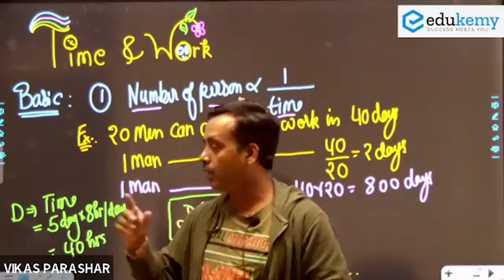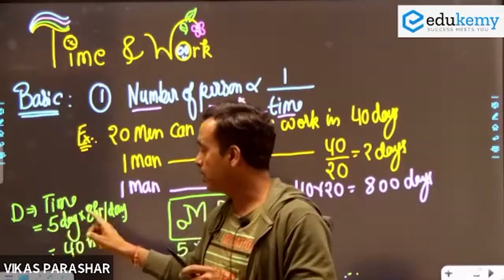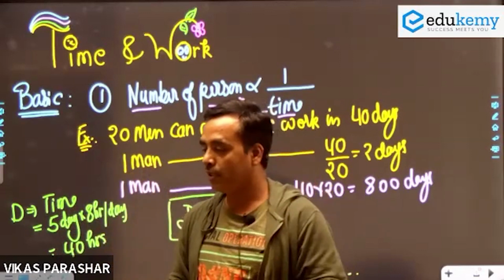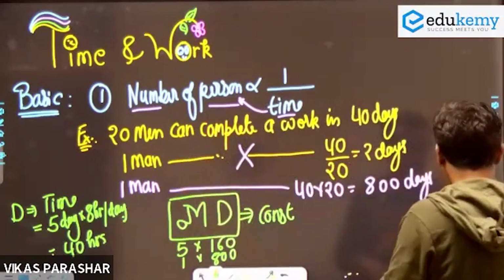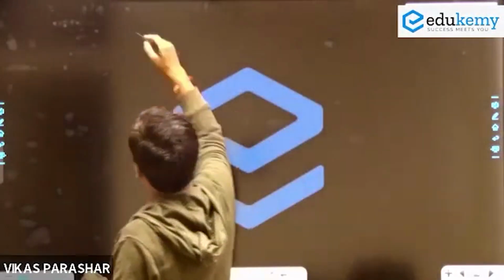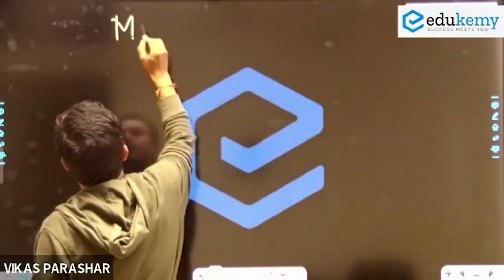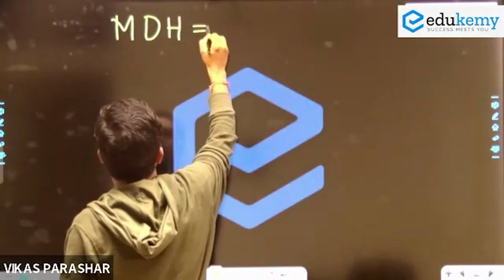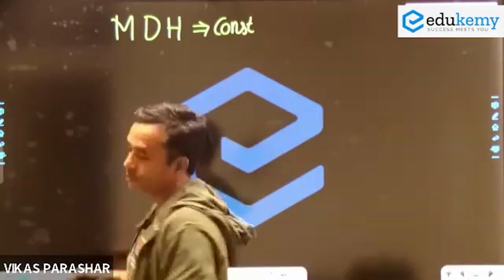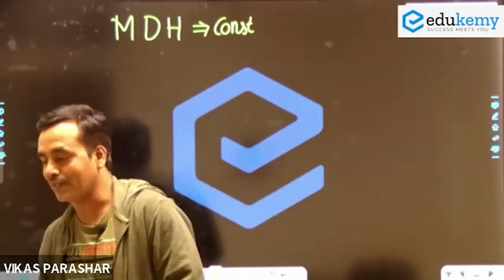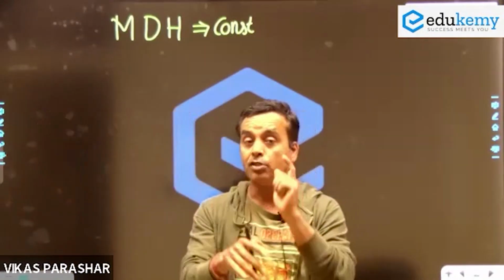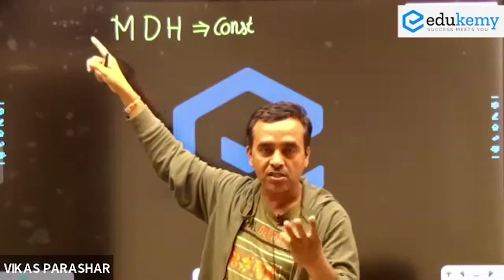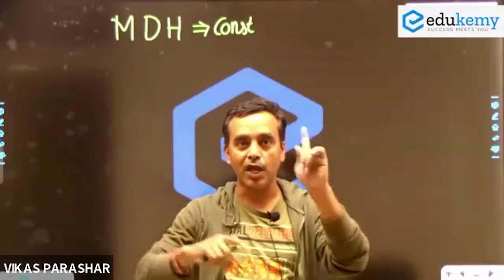If I complete the work in 5 days, working 8 hours per day, I can multiply and get 40 hours. So I'm going to change this formula, and it's a very beautiful formula: M, D, and H product is always constant in maths. I'm giving you a simple concept. In maths, the product of person, days, and hours is constant. What is the use? I will tell you the use.